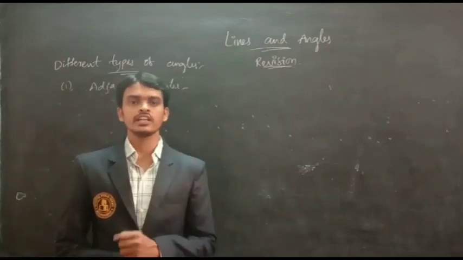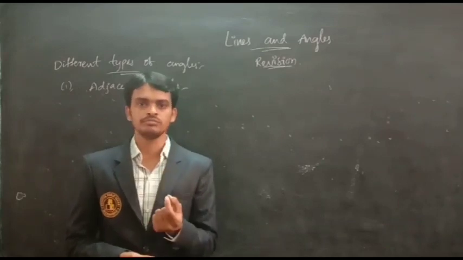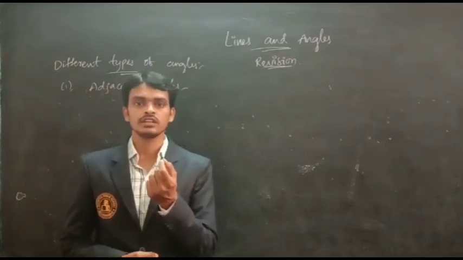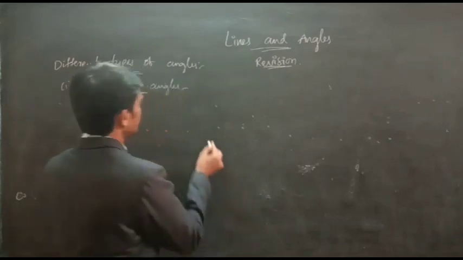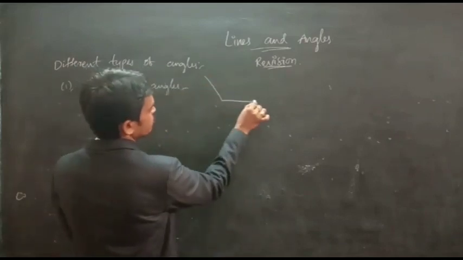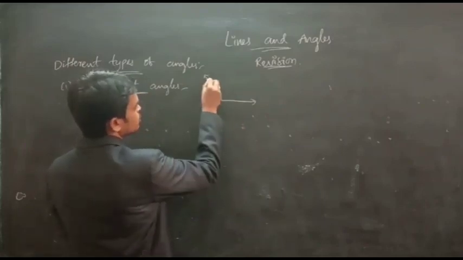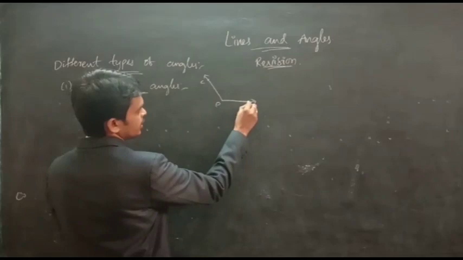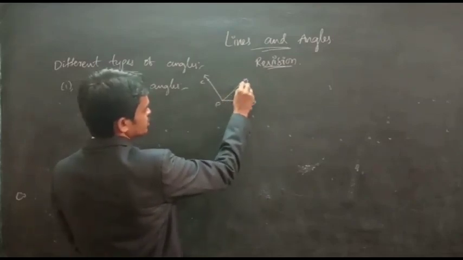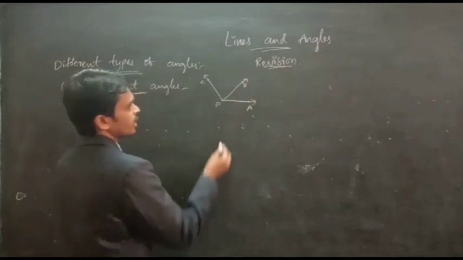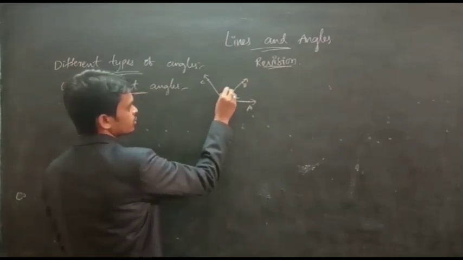If two angles have a common vertex and a common arm, then the angles are said to be adjacent angles. Look here at this figure. This is the vertex O. Here C, here A, and one more ray I am drawing, that is B. This is angle 1 and this is angle 2.